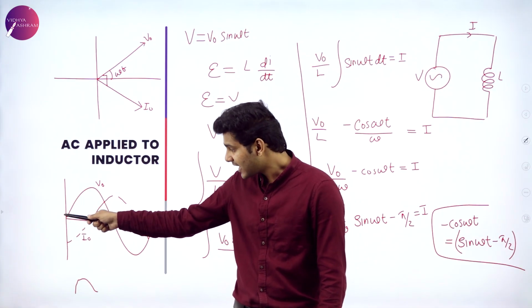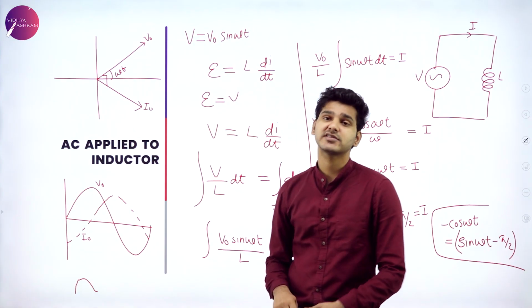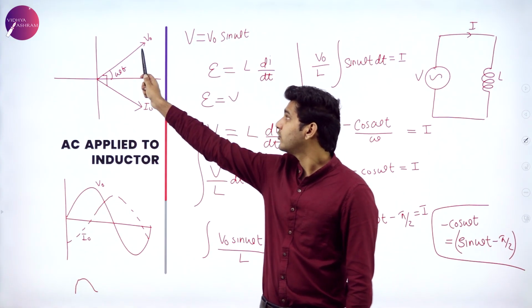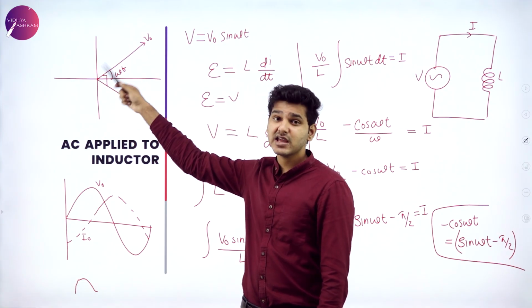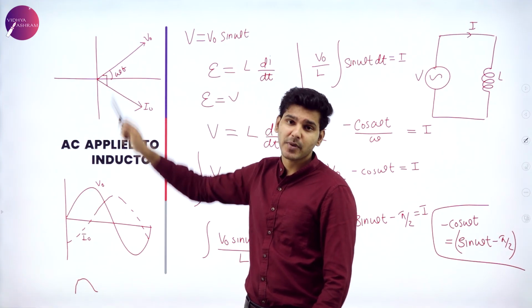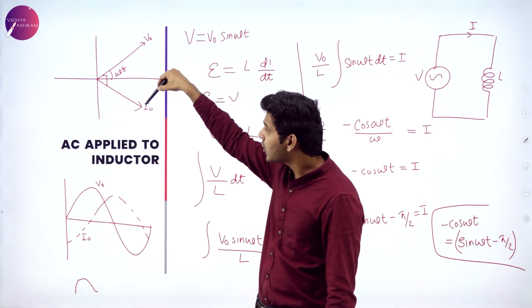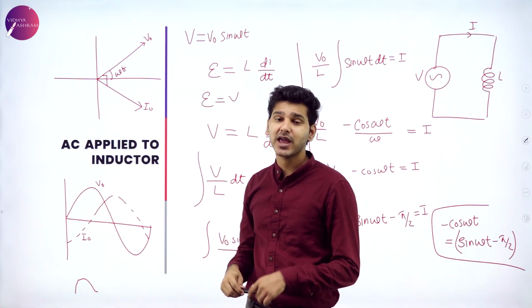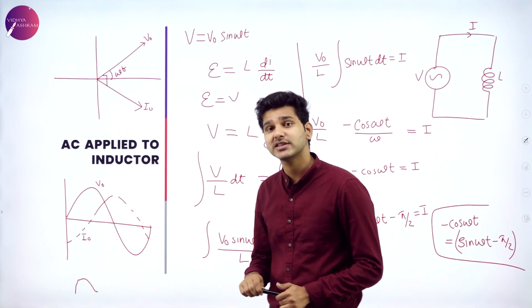That is, current is lagging behind voltage by 90 degrees. In the phasor diagram, it is clearly expressed that voltage is leading by 90 degrees. If voltage is expressed by a phase angle of omega t, then current is lagging behind voltage by pi by 2, or simply 90 degrees. So this is the phasor diagram indicating that.